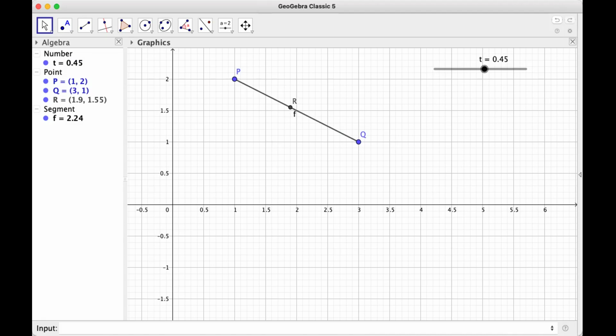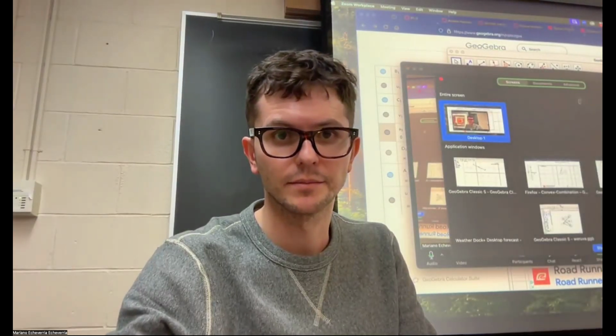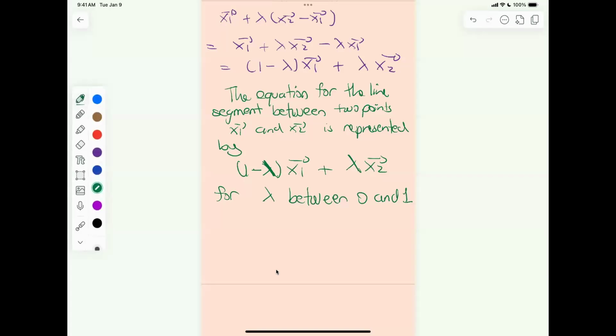I'll explain what convexity means right now.